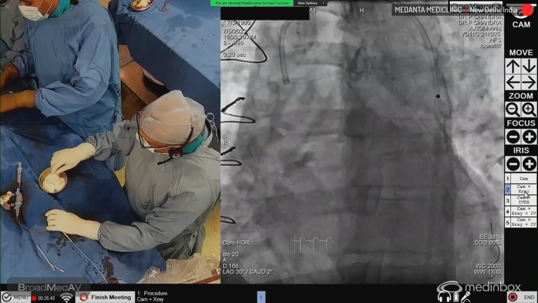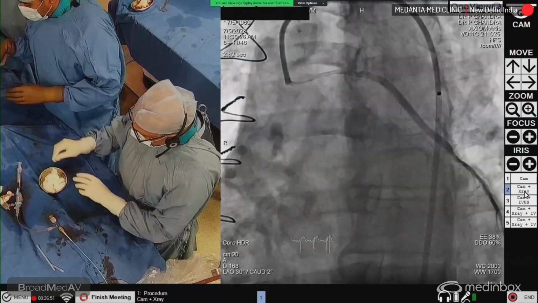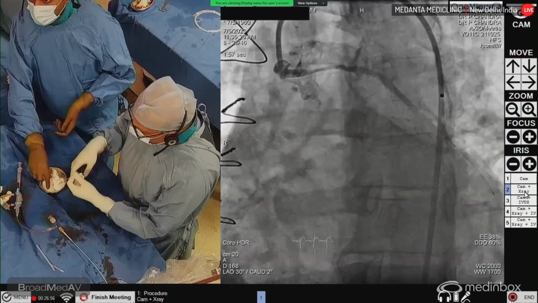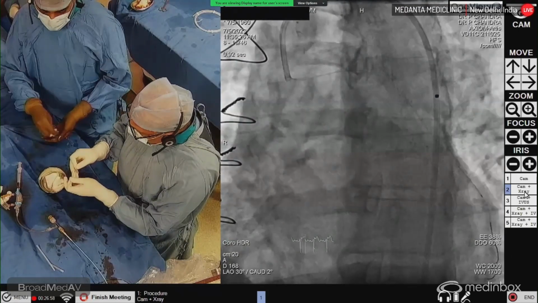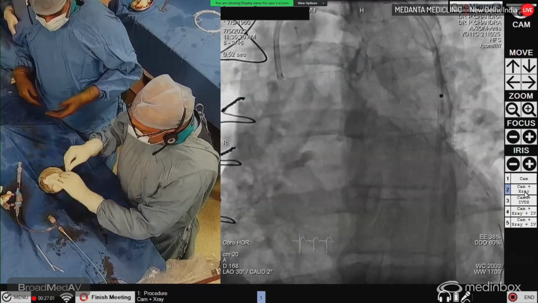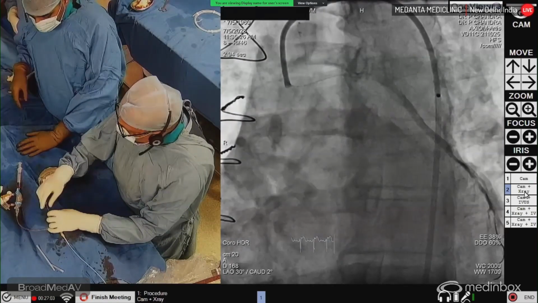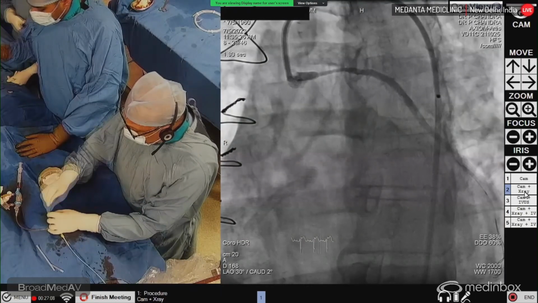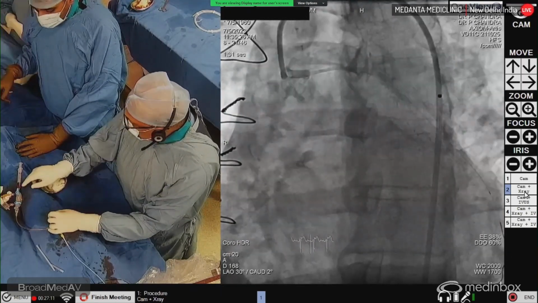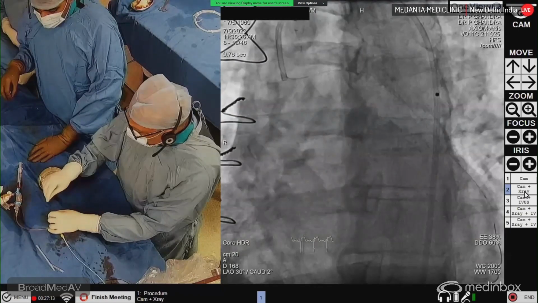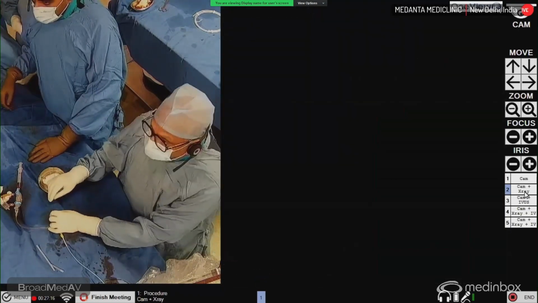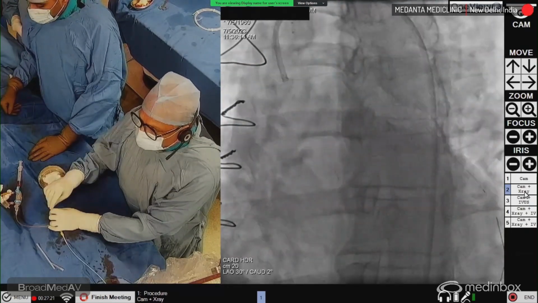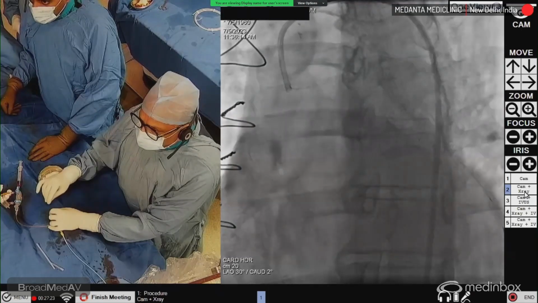We can at this stage even put a distal protection device, but I think it may not be so necessary. Looking at the graft, I'm doing an IVUS to see how it looks, and maybe have some more idea about the sizing and the nature of this stenosis. But definitely it was a fibrotic lesion, and the degeneration was not that much. So it presented like acute coronary syndrome.